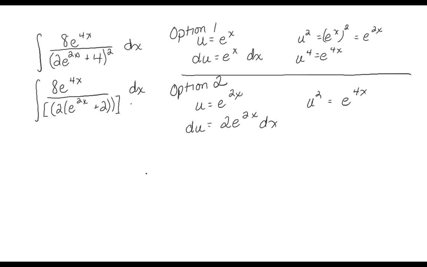Oops, my square got lost. Square. So that whole thing is squared. Which means that my denominator is really 4 times e to the 2x plus 2, squared.